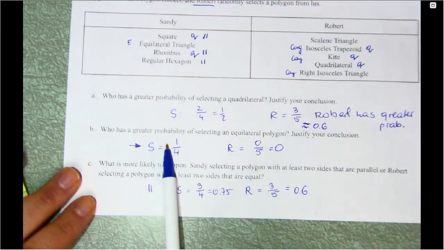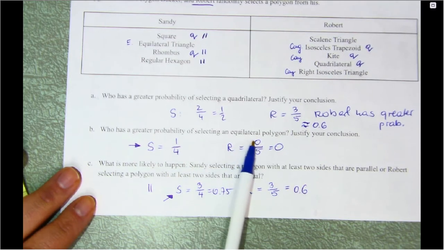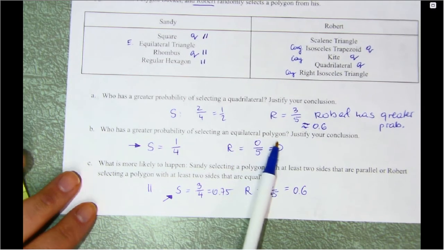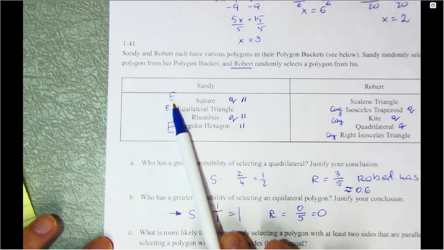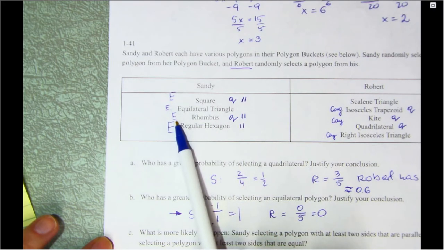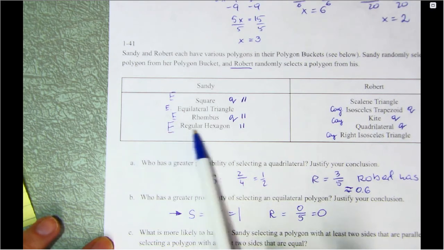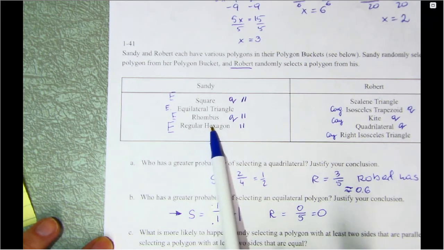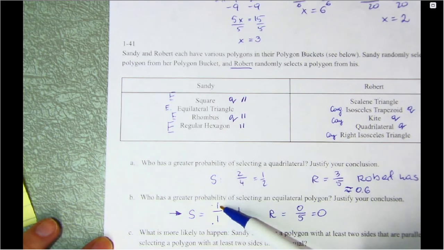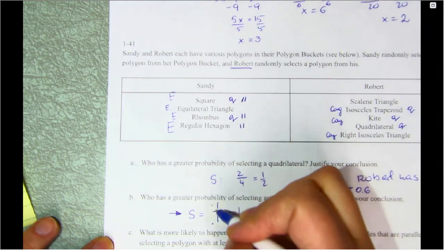Okay, who's got a greater probability of selecting an equilateral polygon? Equilateral means all equal sides. Square has all sides equal. Equilateral triangle, rhombus is just like a square in terms of sides, all sides are equal. And regular means all sides are equal for the hexagon. So really all of her polygons are equilateral.